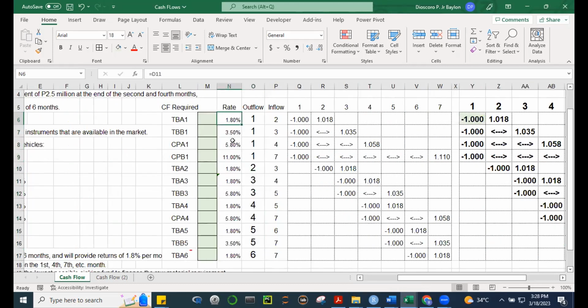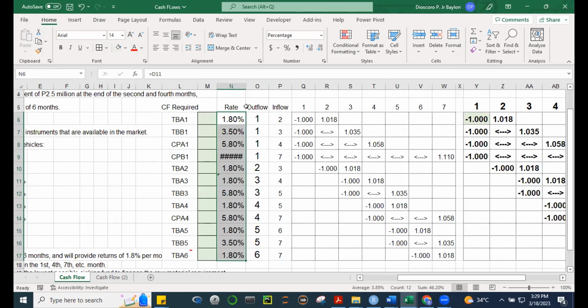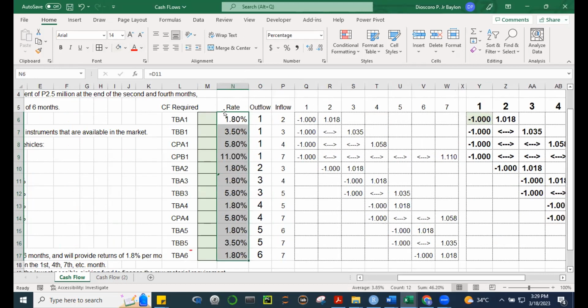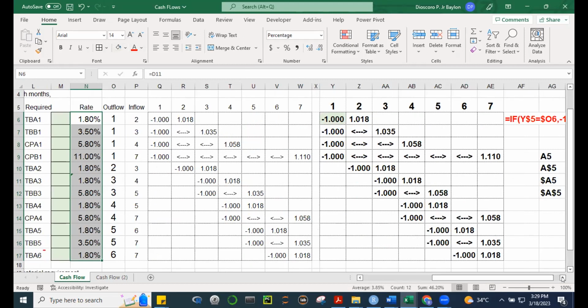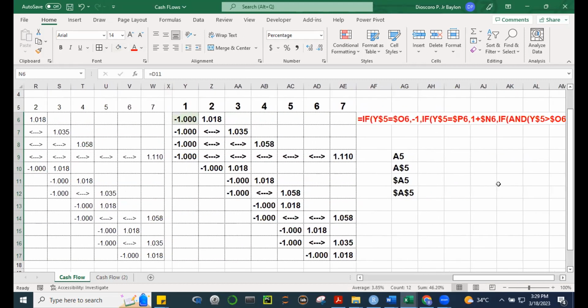We also use the rate, 1 plus the rate. Why am I using here $N, and then whatever row? Notice here it's 1 plus $N.